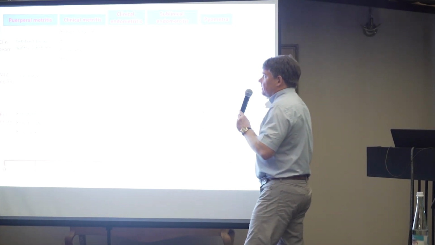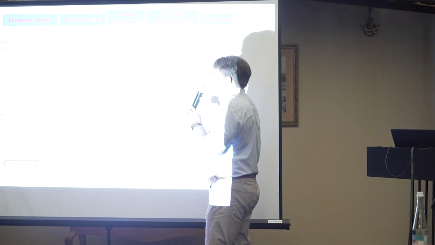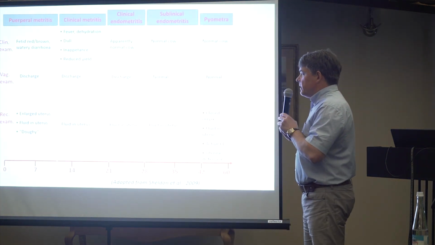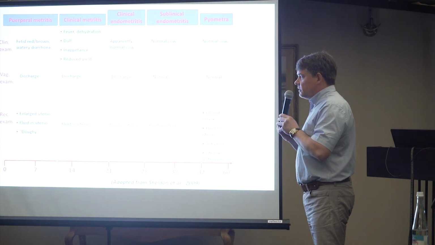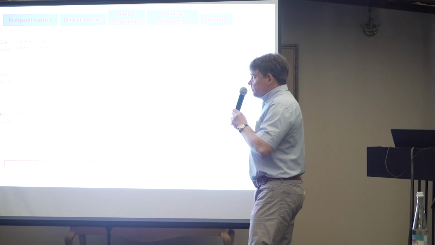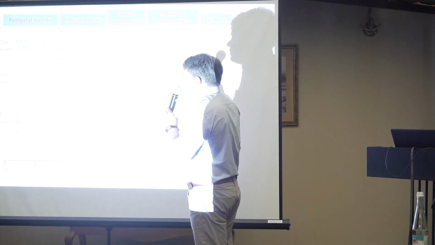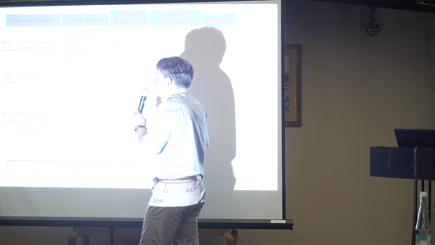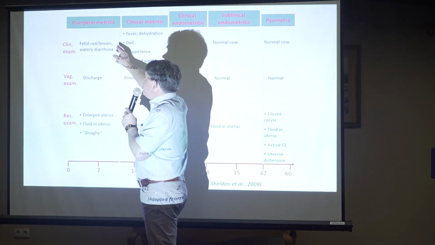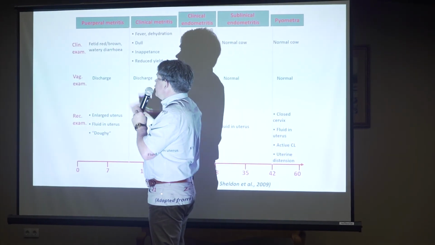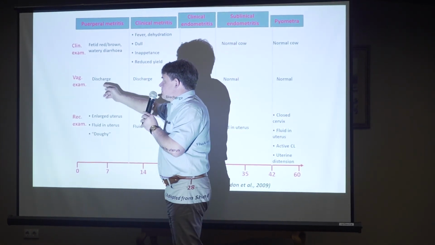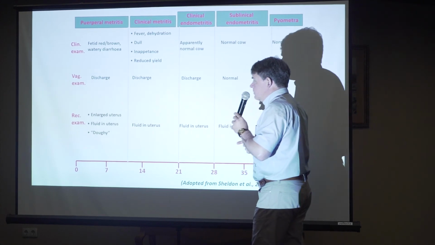And his opinion was that we should divide it as a puerperal metritis, which is during the first 10 days. And usually, if it happens, the cow is quite sick, because by clinic, what we will see is this fetid red watery discharge. On vaginal examination, this discharge is purulent already.